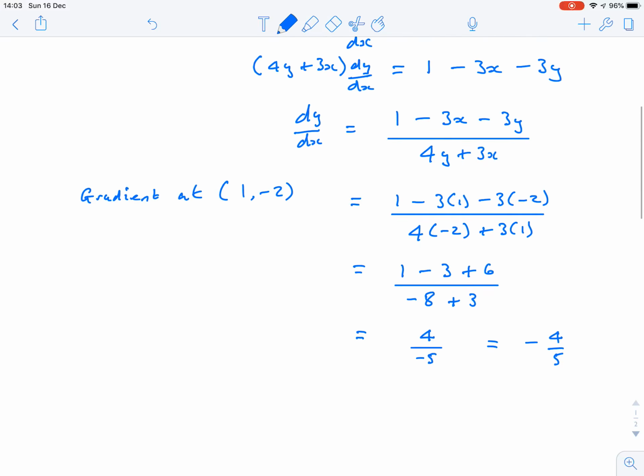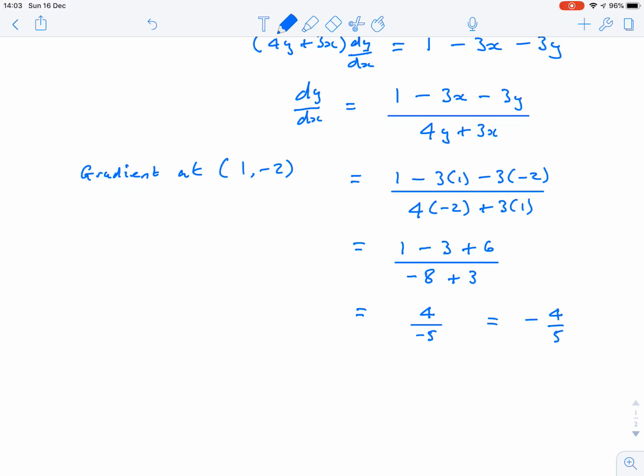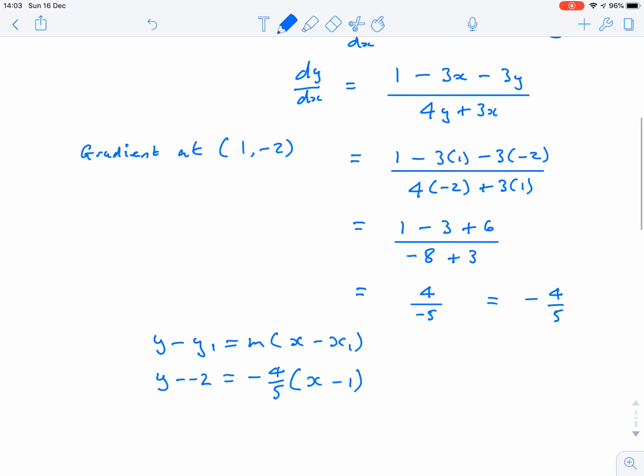So we now want the equation of the tangent through (1, -2), which has gradient minus 4/5. y minus y1 equals m(x minus x1), where m is the gradient. So we get y minus minus 2 is equal to minus 4/5 (x minus 1).